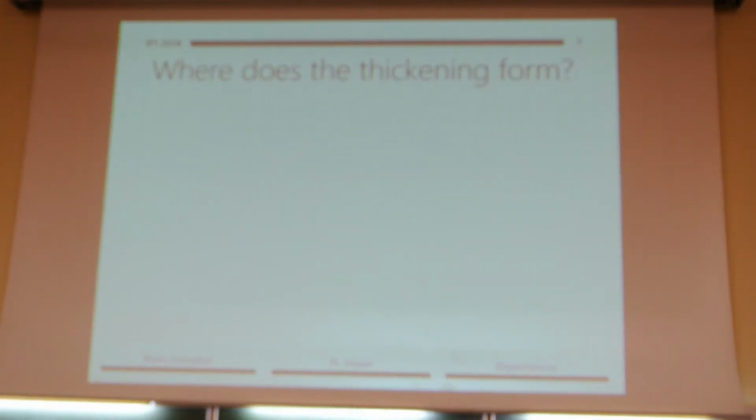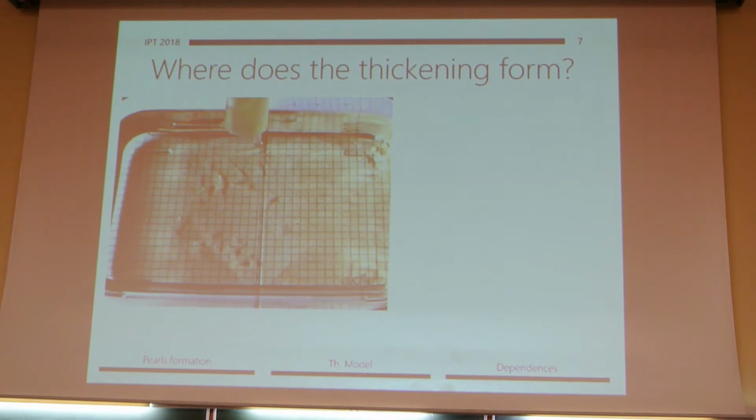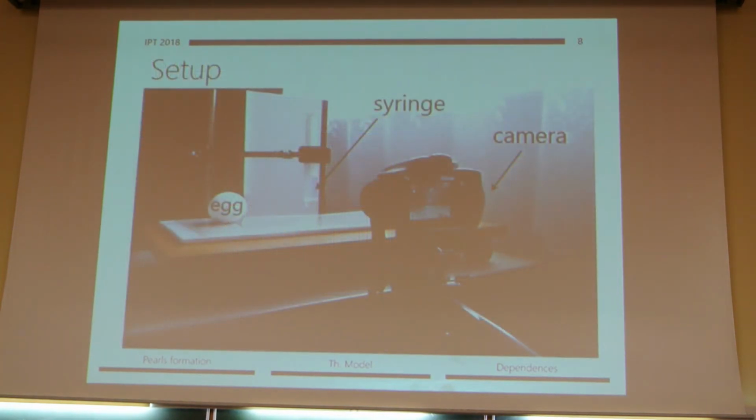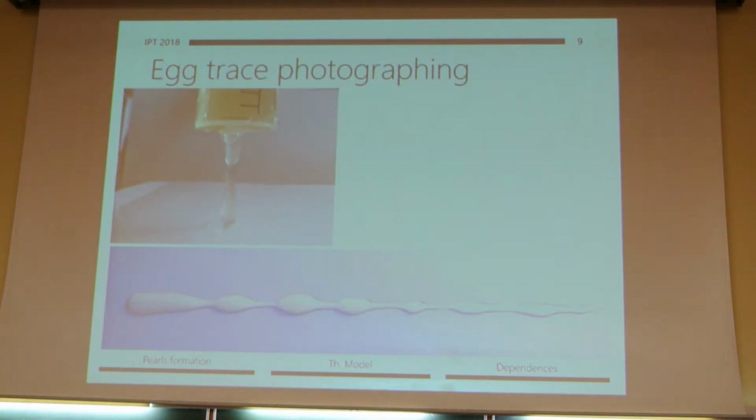Where do these thickenings form? Firstly, we decided to reject the oil and see what will happen on a plate, without oil. Will we see thickenings and pearls or not? With the help of the following setup, we put egg white on a plate without oil, and we really see thickenings.